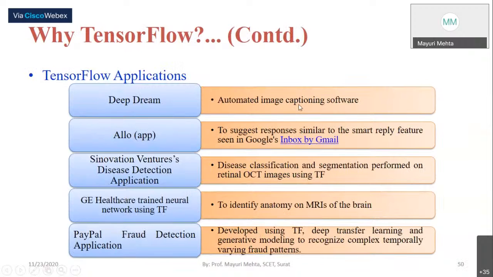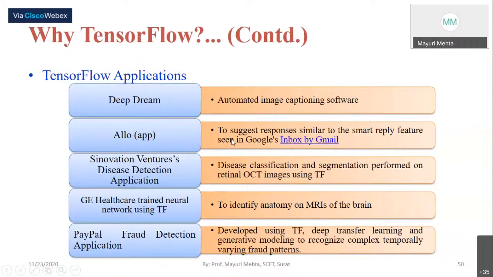Deep Dream that we discussed, that is captioning software, automated captioning software by Facebook. Allo, I have not used it recently because I used to discuss this application, but somebody told me that this is now not available. I'm not sure whether it is there or not, but Allo is Google's app, and it is like a virtual assistant only, Google Assistant only.